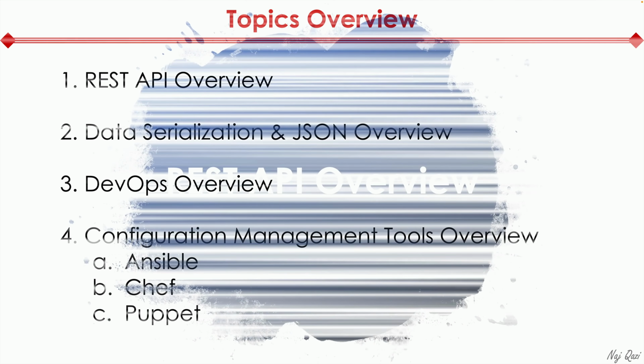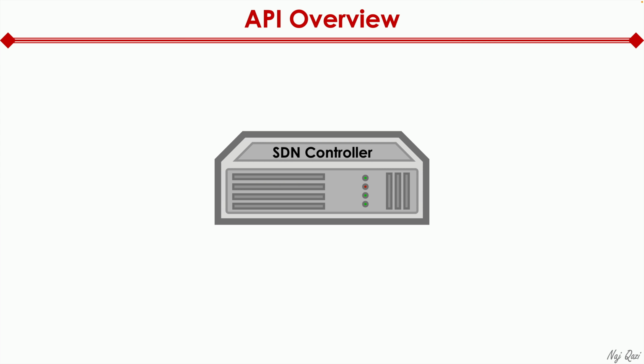Now that said, in my previous video, I went really deep into this, so here I'm just going to provide a very high-level overview. So if we look at an SDN controller, which becomes the central management point of our entire network, there's a couple of terms that you need to understand. First, what does an API stand for? Application Programming Interface.